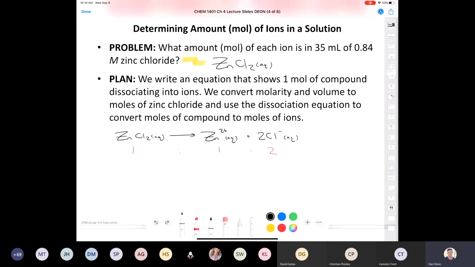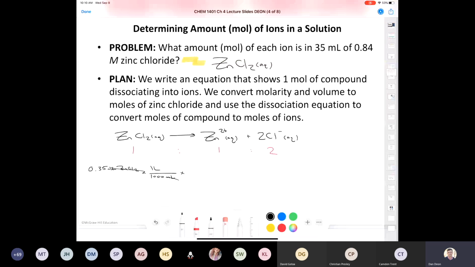How am I going to get the number of moles of zinc chloride? Well, I've already kind of gone over this with you. I take my 0.35 of zinc chloride, okay? And I have 1,000 milliliters, I have 1 liter. I have to convert this to liters to get the moles, so that's going to cancel out.